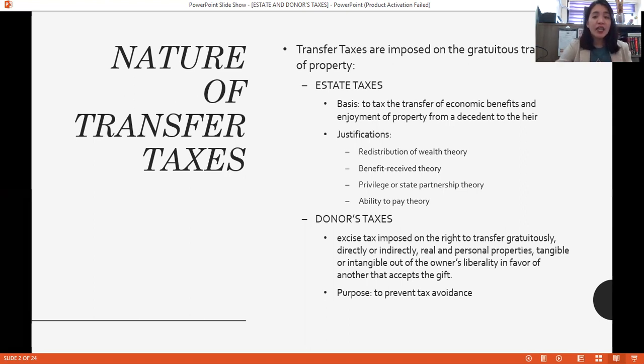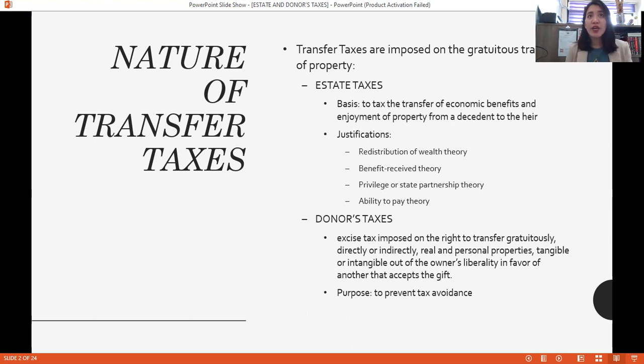Number one is redistribution of wealth theory. Dahil nag-distribute ka ngayon ng wealth, no, to your heirs, kaya itatax siya ng government. Second, benefit received theory, kasi yung person na naka-receive ng property, meron siyang benefit na nakukuha over that property. And the privilege or state partnership theory, kasi daw, yung state daw is a silent partner, no? And yung pagta-transfer ng property is a privilege, no?